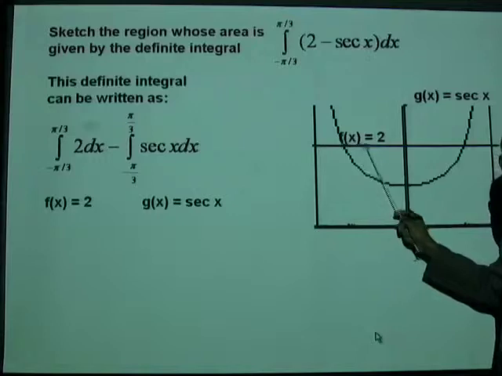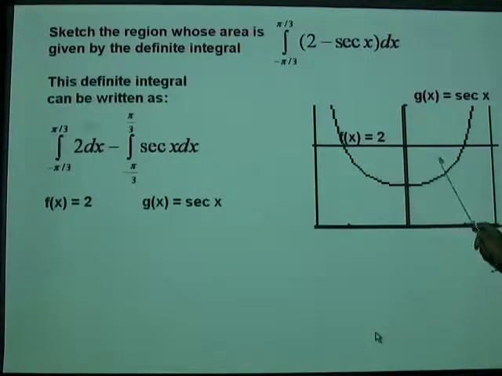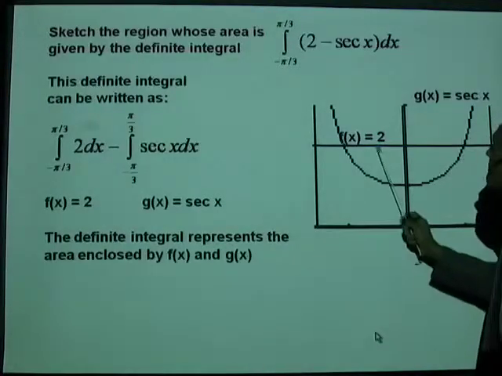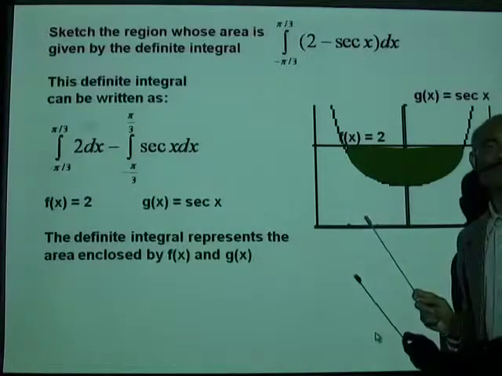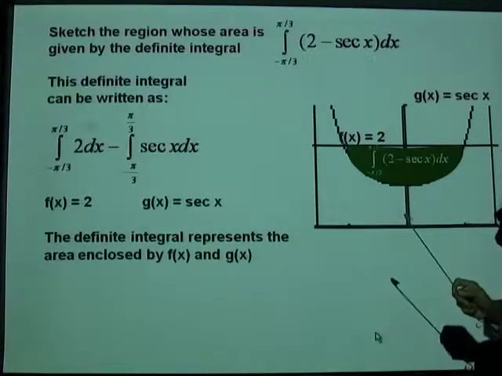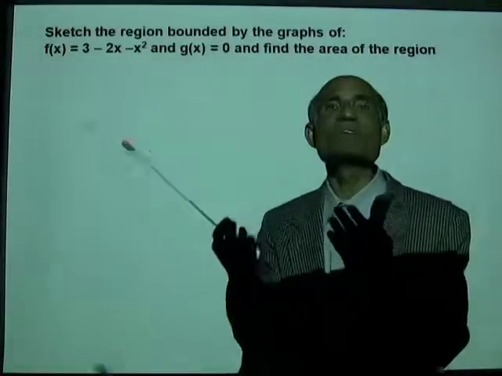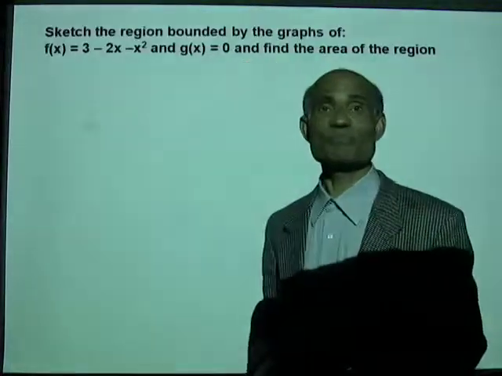The area enclosed by f of x equal to 2 and g of x equal to secant x. The definite integral represents the area enclosed, and this is the area. That's right. So you must learn how to interpret a definite integral or how to interpret a given area.